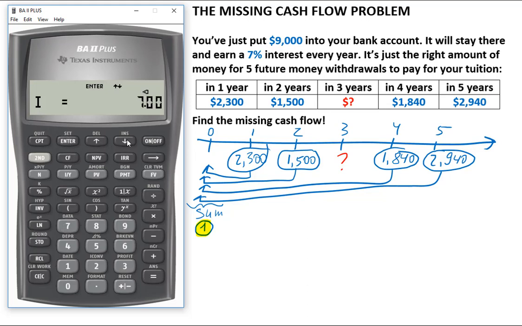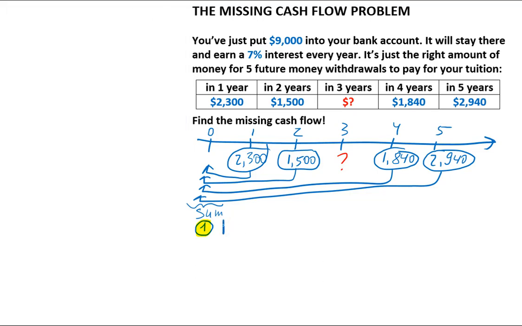Enter, down, and then press compute. We get, so in other words, this was the present value of the 4 known cash flows, and that was equal to $6,959.60.